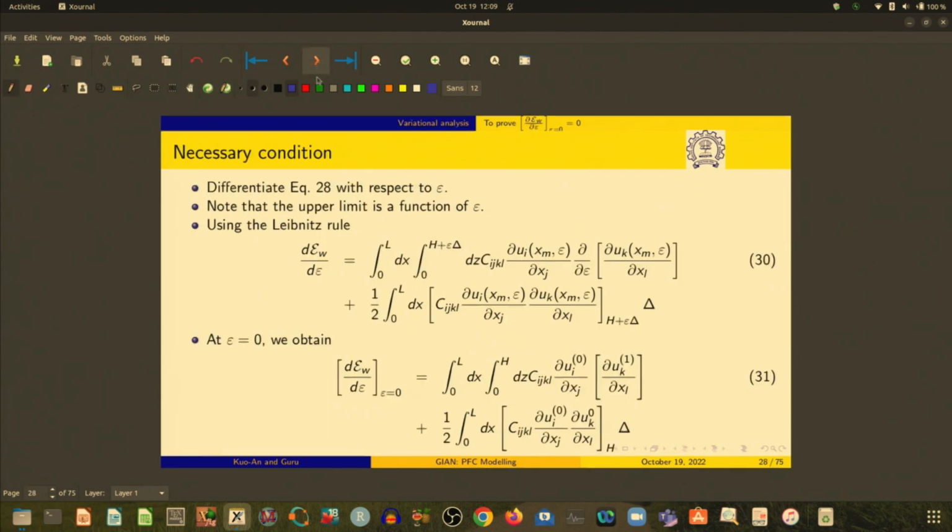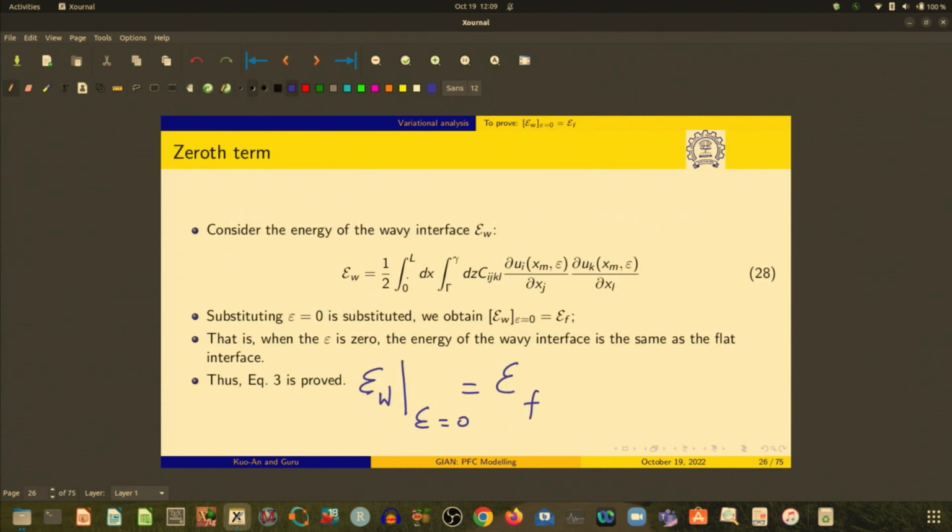Okay. Why are we doing this? Because we want d/d epsilon, you remember. I have the E wavy, I need it with respect to epsilon, and I just wrote that energy. Now, if I want to do d/d epsilon, the integral from 0 to L dx is okay, but the limit gamma is a function of epsilon.